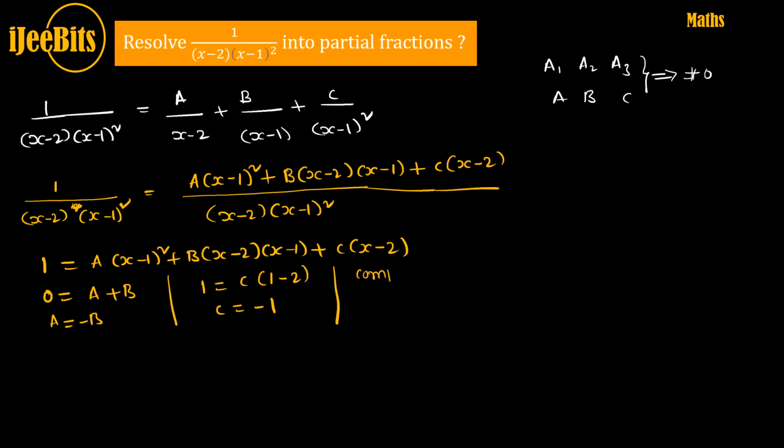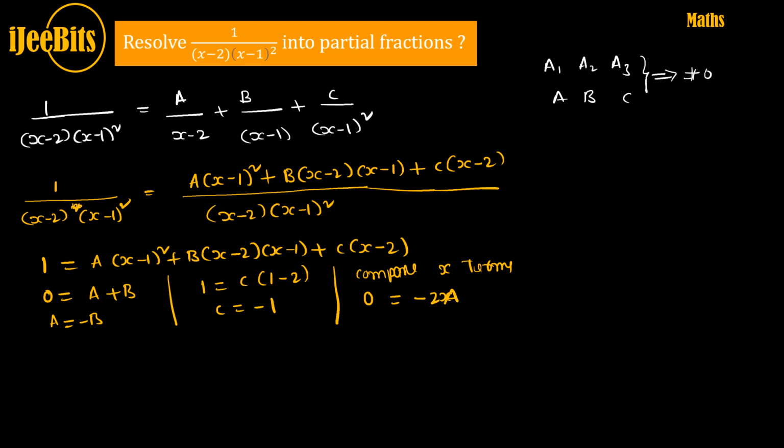Compare x terms. On the left hand side you don't have any, so definitely 0. On the right hand side, what is the x term here? x square minus 2x plus 1, right? Minus 2x means minus 2a x terms. What do you get in this case? Minus 2x minus 1x, right?